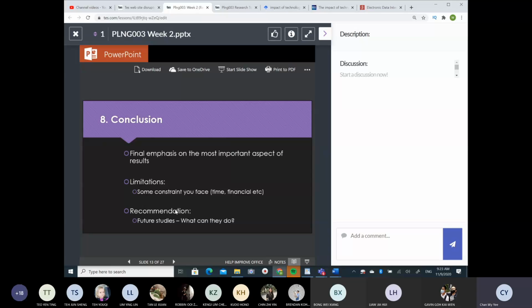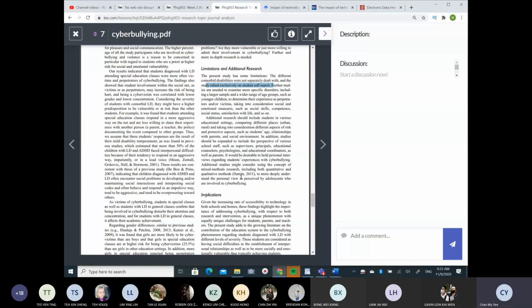After that is future recommendation, future studies. What can they do? Future studies is where you make recommendations to future researchers, or the researchers take note on their own behalf, and also for themselves. For example, can you see their future research should include students in various educational settings, and compare students in different places, rural and urban, taking into consideration different aspects of risk and protective aspects such as age, and relationship with parents.